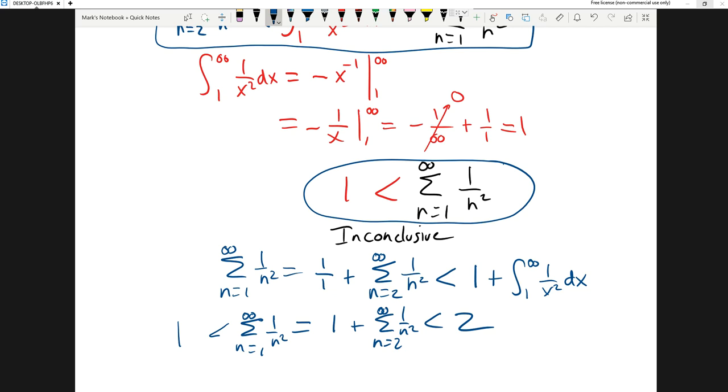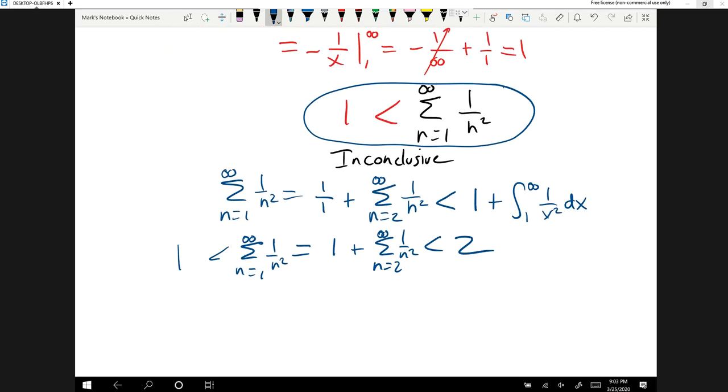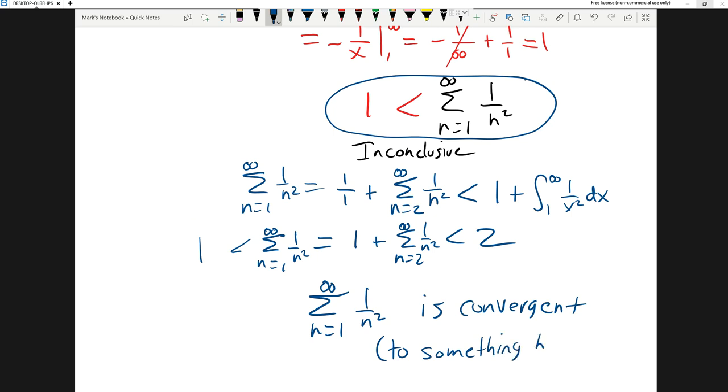And if the sum is trapped in between 1 and 2, and the terms are actually all increasing here, so this is going to be a monotonic sequence, well, if a sequence is monotonic and bounded, then we can conclude, based on our theorem we talked about a couple of days ago, that this must converge. The sum from 1 to infinity of 1 over n squared is convergent, and it's convergent to something between 1 and 2.